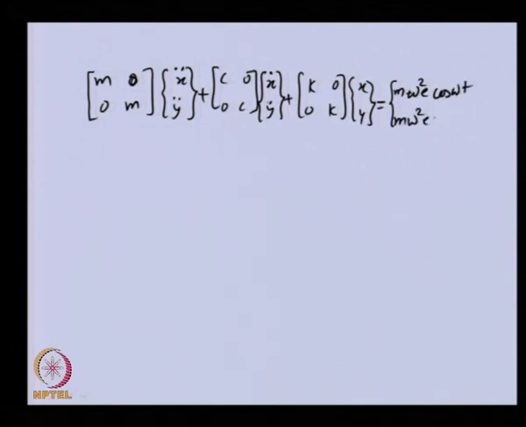So, this is the unbalanced force. This also we have kept in the matrix form. So, basically this particular matrix we can represent in more compact form like this.